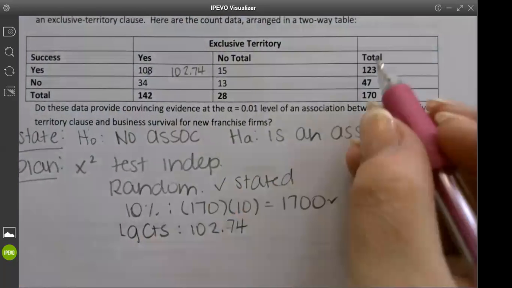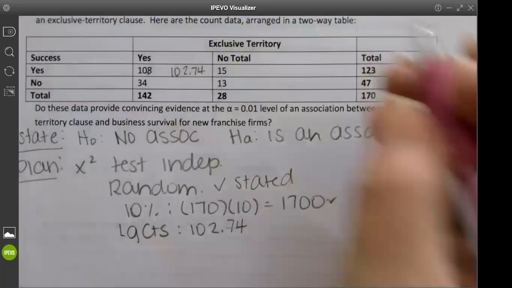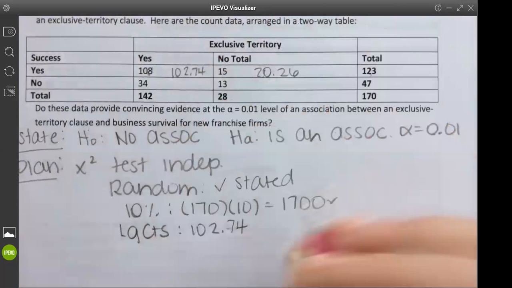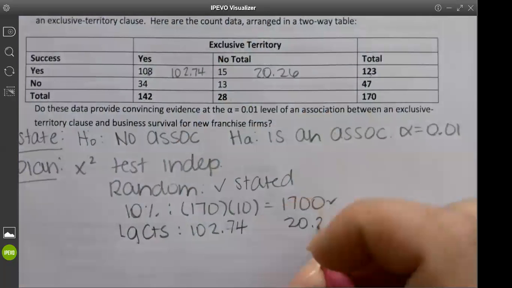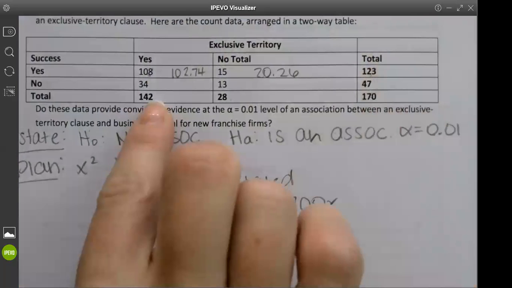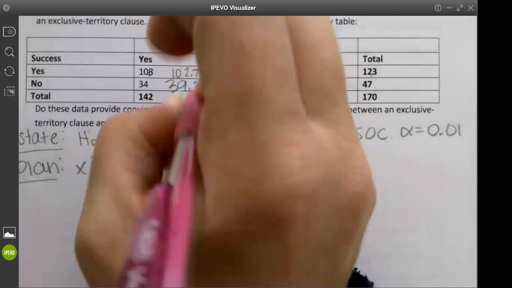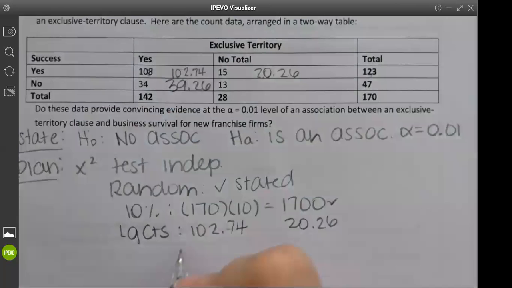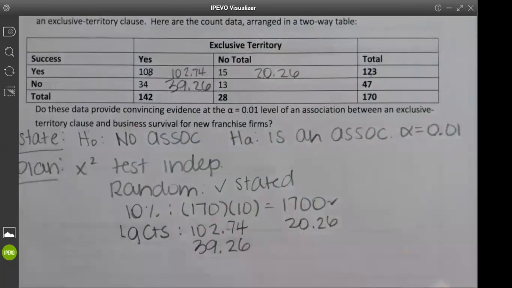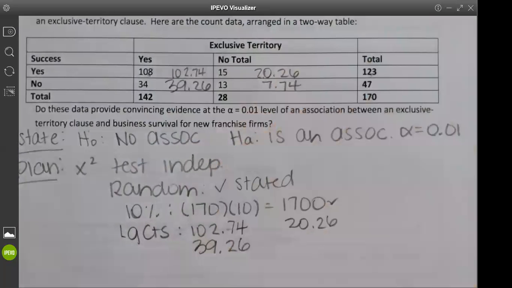If we do the other one, it's 123 times 28 divided by 170, which would give us 20.26. To get this one, 47 times 142 divided by 170 is 39.26. And then the last one, 7.74.